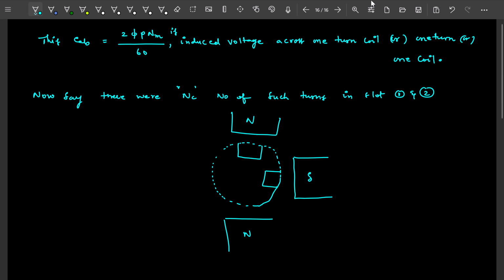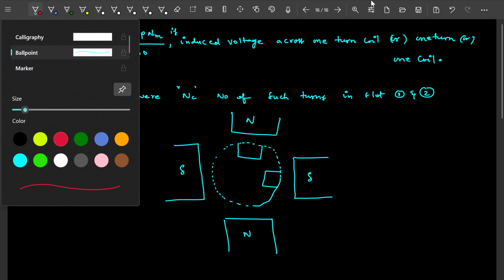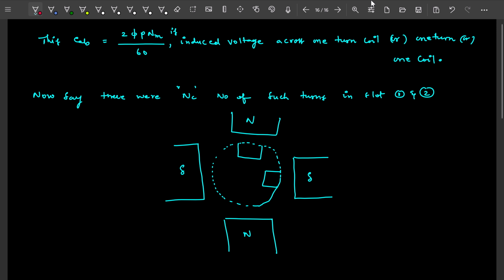We are going to have again a north pole, and again one south pole, such that there were NC turn coils like this. We are going to have NC turn coils in that, and all these are moving at Nm RPM. This is nothing but slot 1, and this is nothing but slot 2.